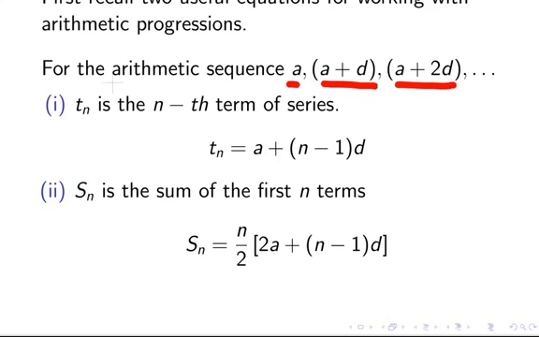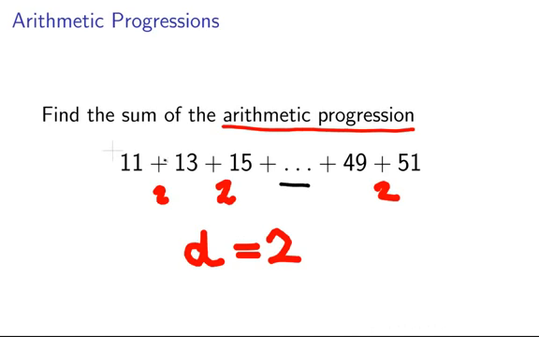Looking back, the first term there is 11, so a is equal to 11. The last term here is 51, so this is the nth, the very last term.